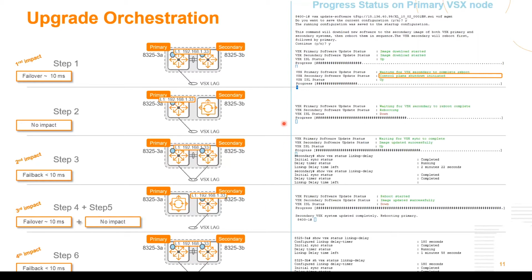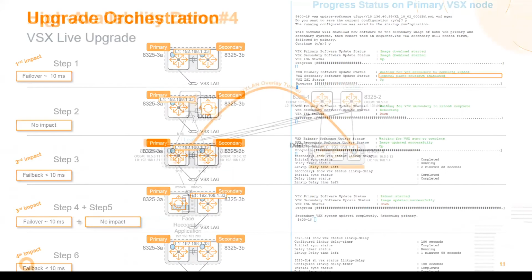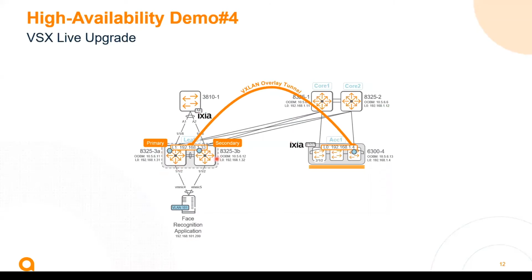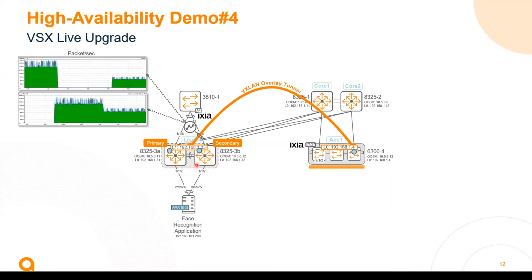Well, great. This seems like a great orchestration mechanism for seamless upgrade operations. So can you prove this, Vincent, by way of a demonstration? Right. So let's see this in action. Here we'll have our process for upgrading both the primary and the secondary.